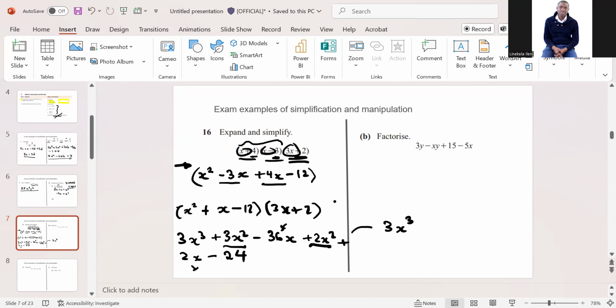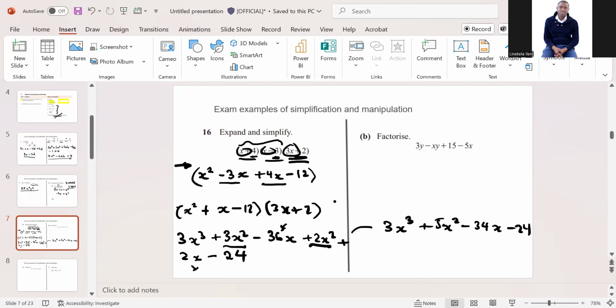All right, so then you have 3 plus 2 will give you 5x squared. And then you have negative 36 plus 2x, that will be negative 34x minus 24.